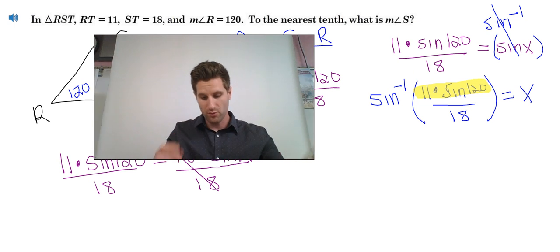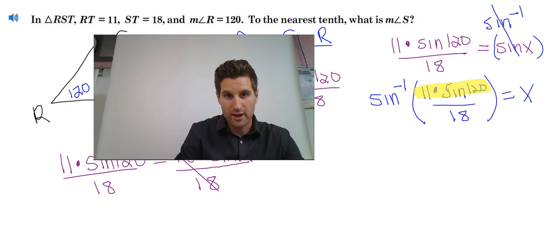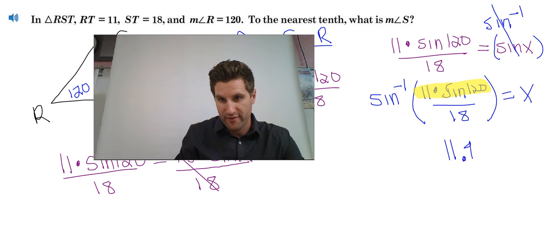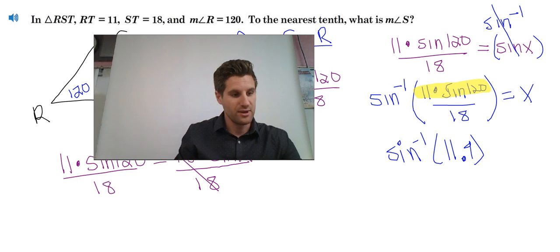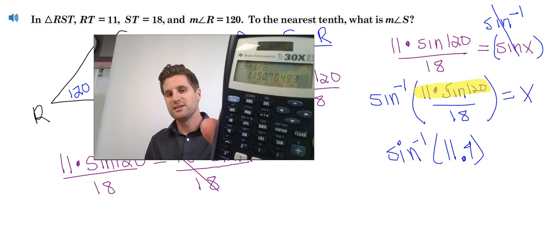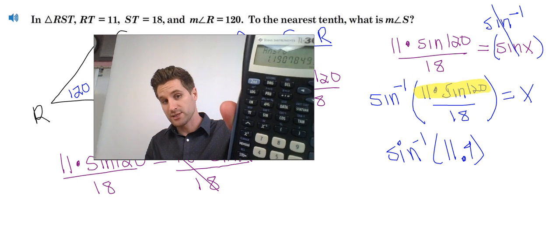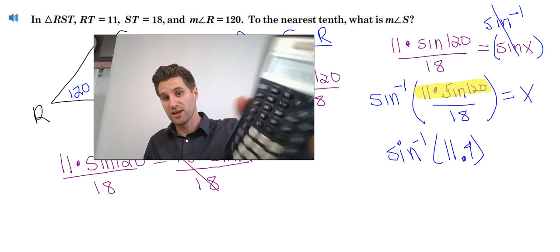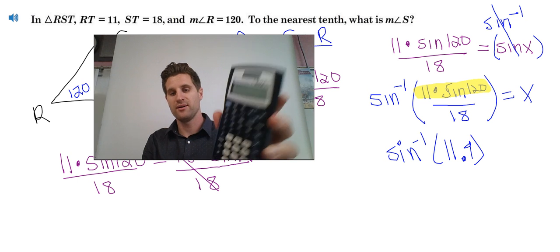So what you could do if you want, we could go ahead and write 11.9 and take the inverse sine of that. Okay. But we're rounding a little bit, right? Because we're leaving off all those little digits back there. So the best thing to do is your calculator automatically stores your last answer. So you just hit the inverse sine button.